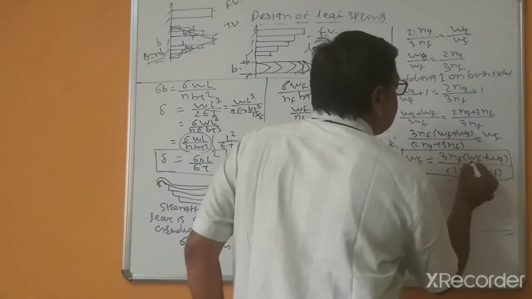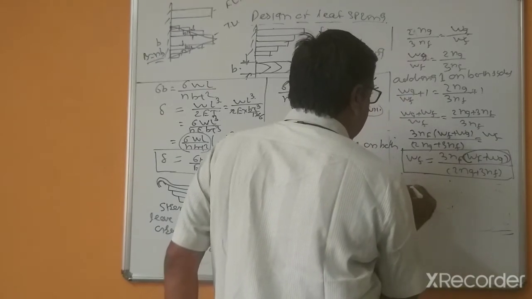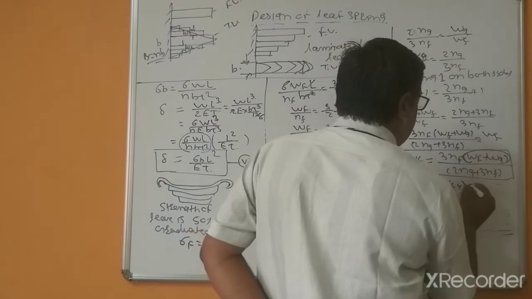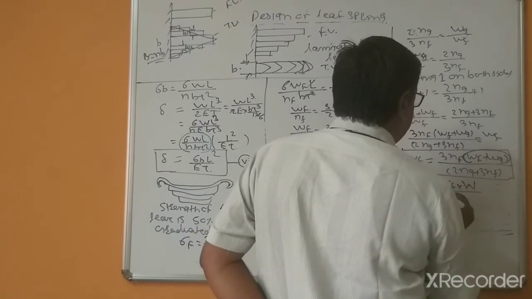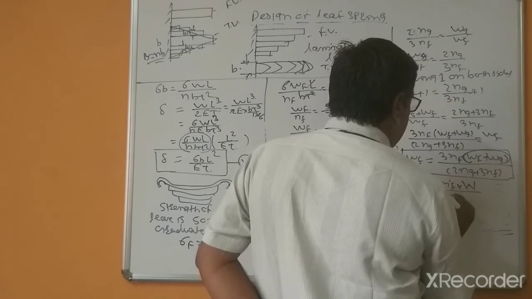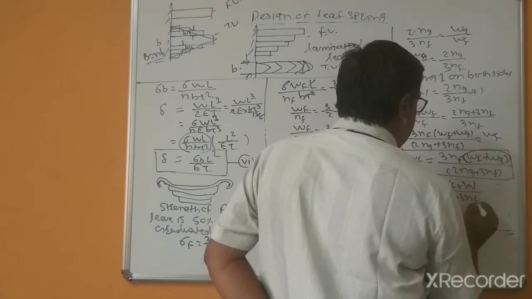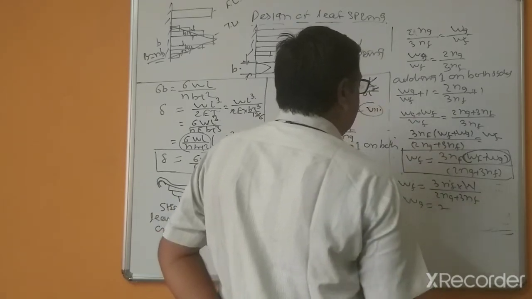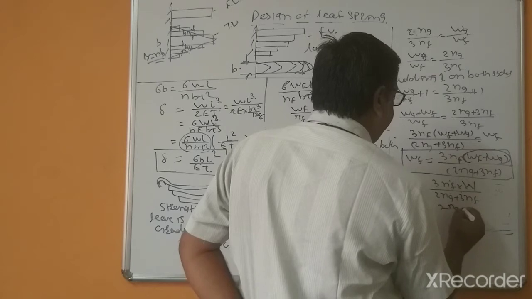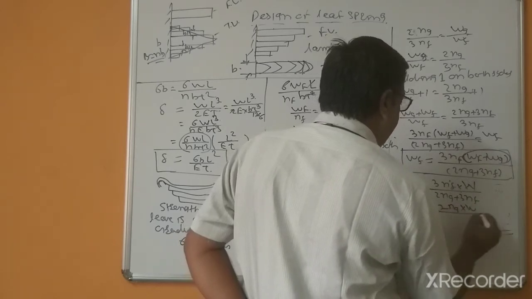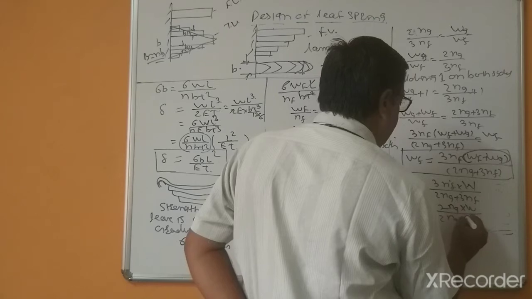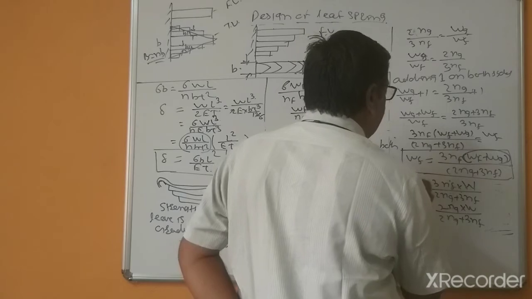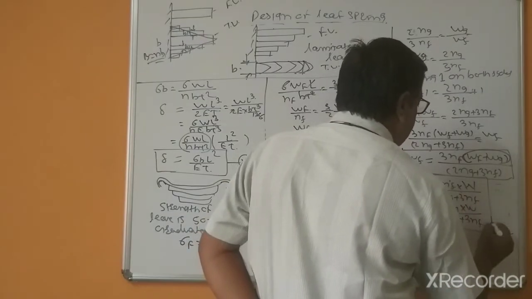And WF plus WG is nothing but the total load W. So WF equal to 3NF times W divided by (2NG plus 3NF), or WG equal to 2NG multiplied by W divided by (2NG plus 3NF). So this is an important formula for the design of leaf springs.